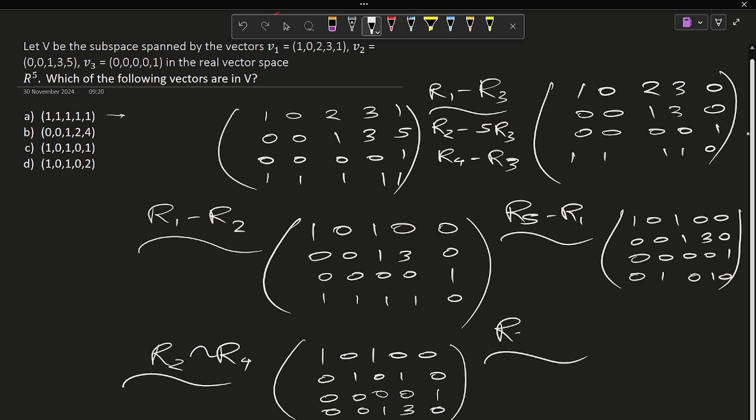Then I want to change R3 and R4. Then we will get 1 0 0 1 0 1 0.